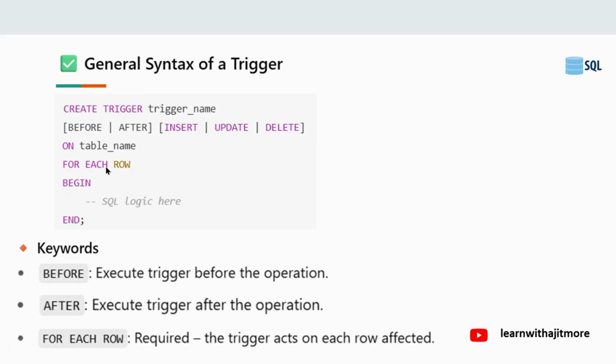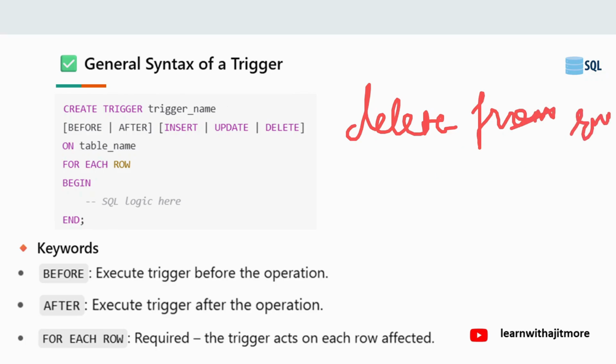And FOR EACH ROW tells it to call this trigger for as many rows as are affected by this query. Like the query is only one, one delete command I have given: delete from employee, suppose, where department ID equal to 10. Means I'm deleting all the employees of department 10.